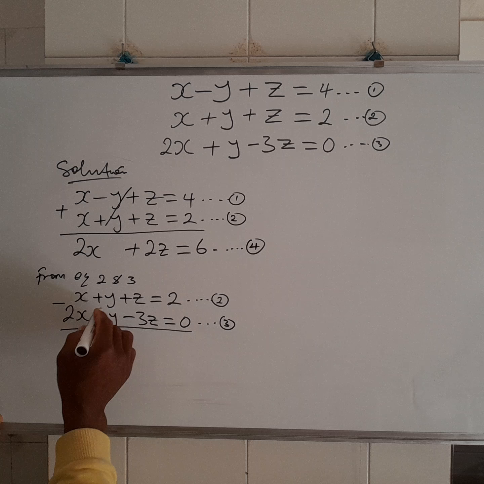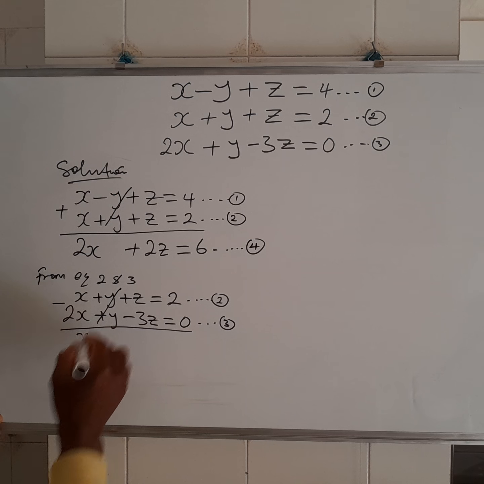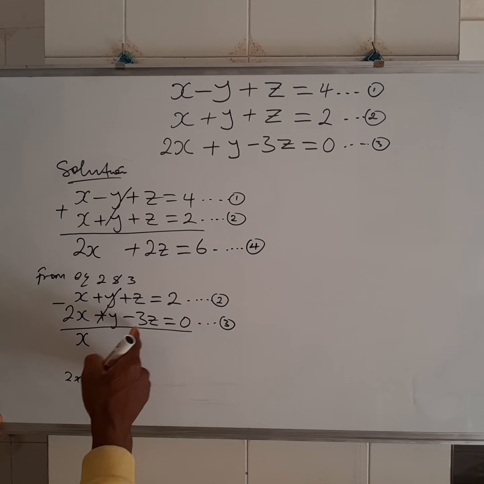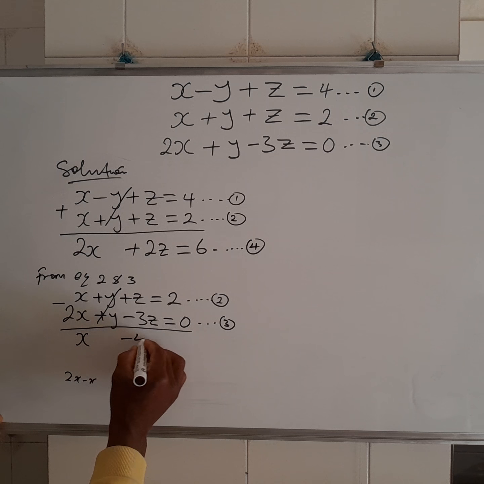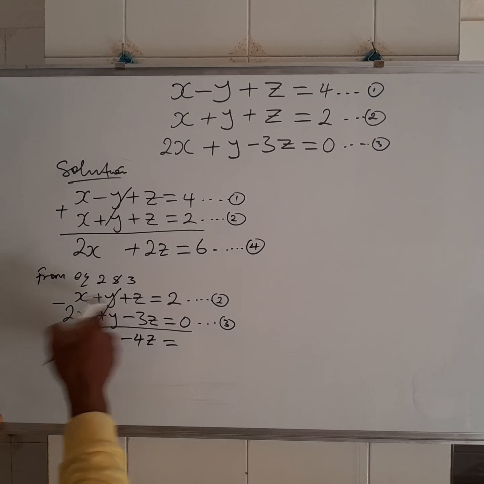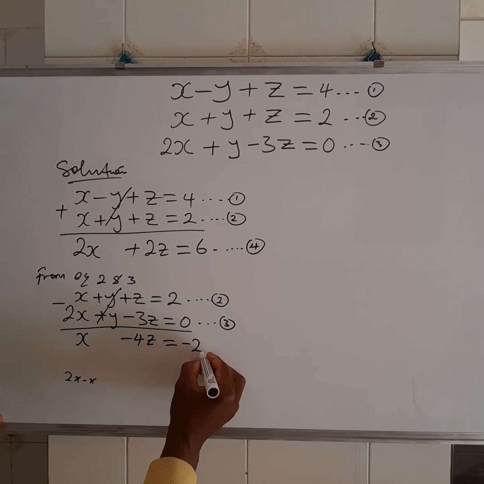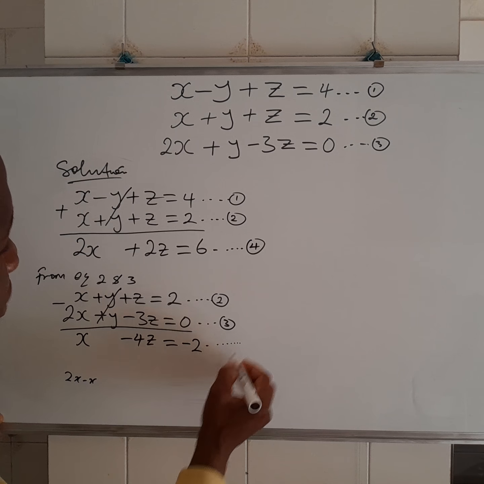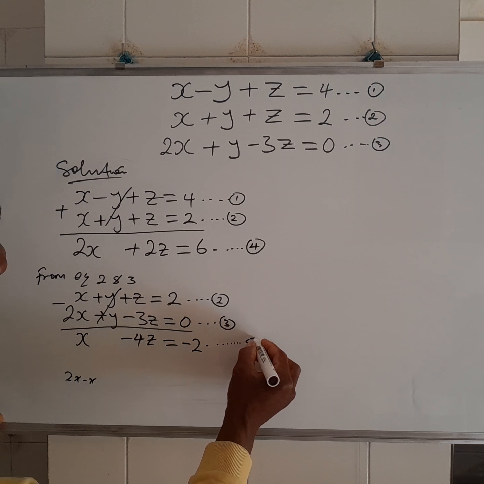Then y minus y, this will go away. Then minus 3z minus z, so we have minus 4z equals 0 minus 2, you have minus 2. So we name this our new equation, equation 5.